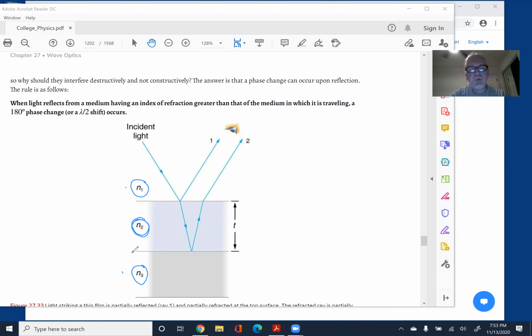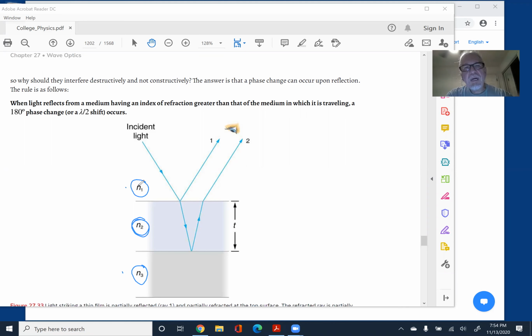So you could have something like a thin layer of soap with air on both sides, so N1 and N3 will be very close to 1, or maybe N3 is a camera lens and N2 is an anti-reflection coating separating your lens from the outside world, where N1 would be corresponding to air again.